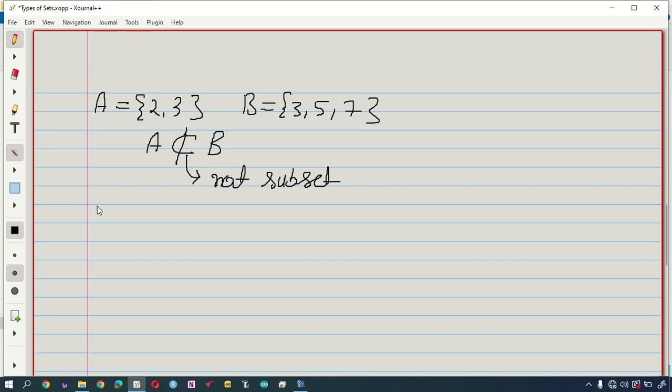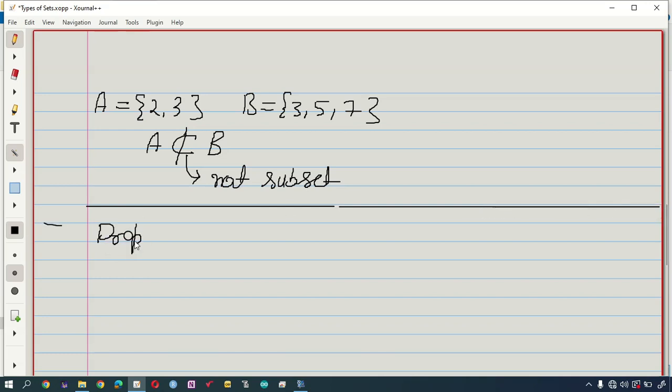Now understand proper subset. So I am drawing a line here. A proper subset has at least one element more.